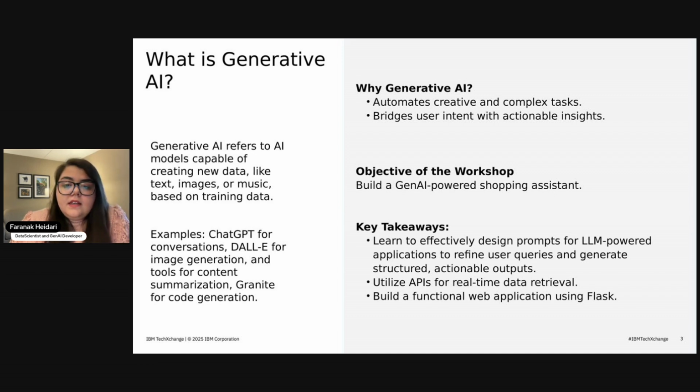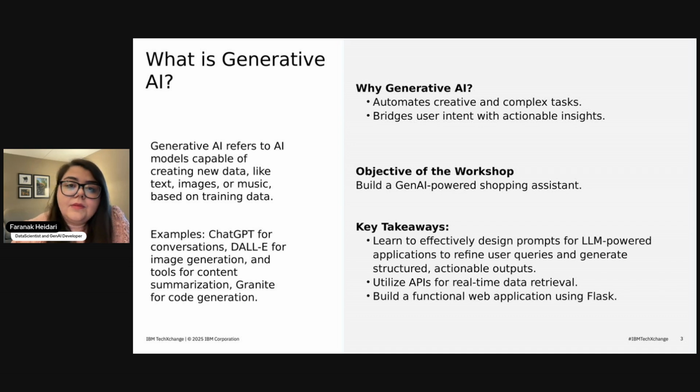So what is generative AI? By now, I'm sure that you have a good understanding of what generative AI is. Basically, it refers to AI models that are capable of creating new data like text, images, and music, based on some training data that they had. Some examples are ChatGPT for text, or DALL-E, or Granite Code, that's an IBM model for generating code.